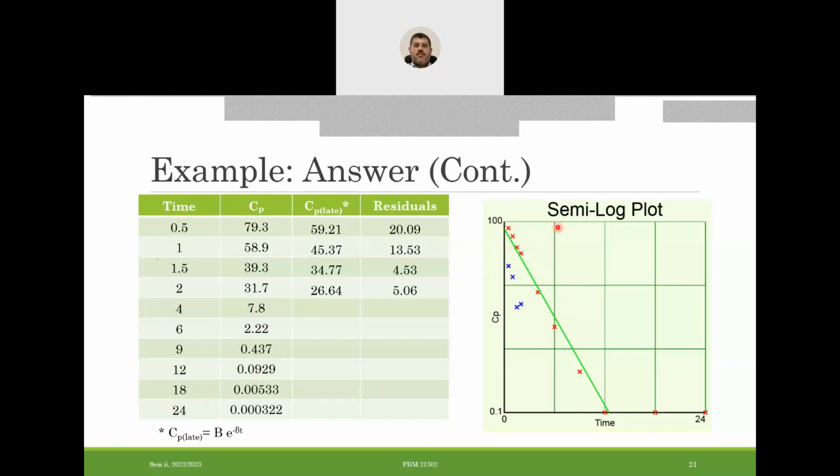I take the first points, and second, I take the terminal phase, a straight line.